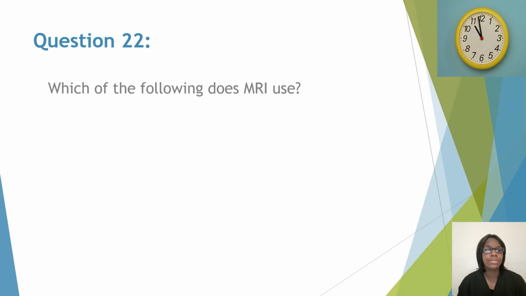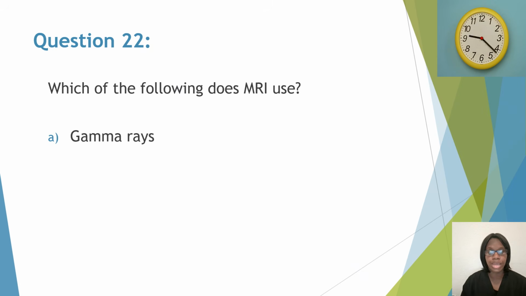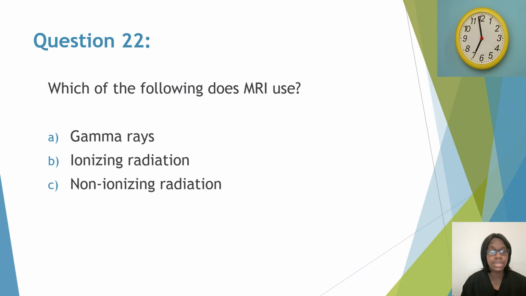Question 22. Which of the following does MRI use? A, gamma rays, B, ionizing radiation, C, non-ionizing radiation, D, sound waves.